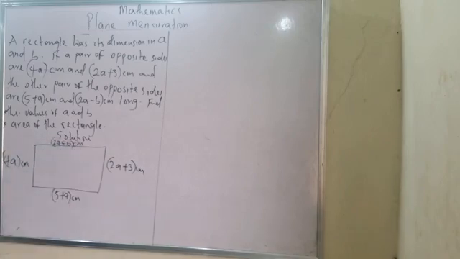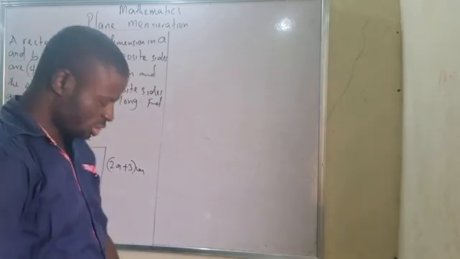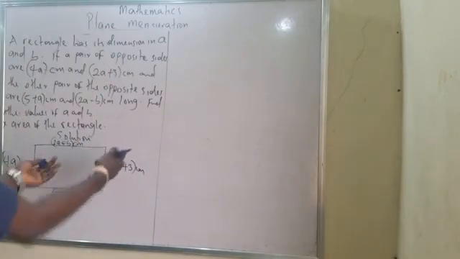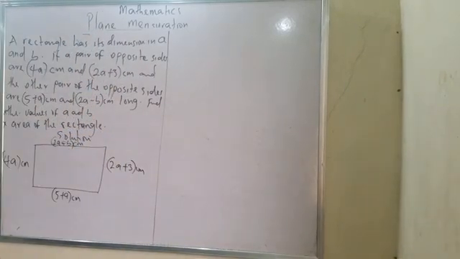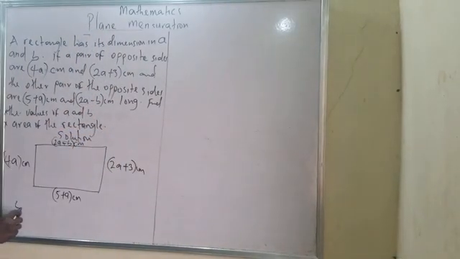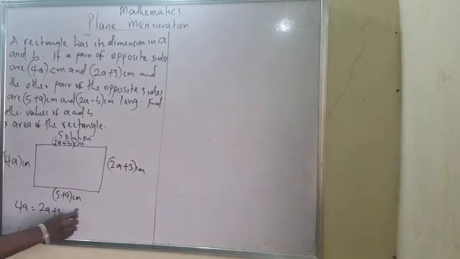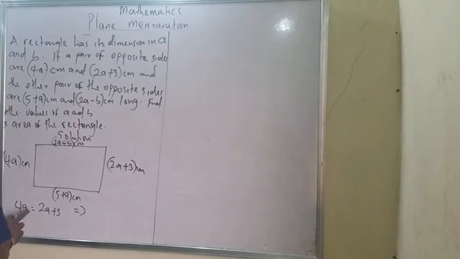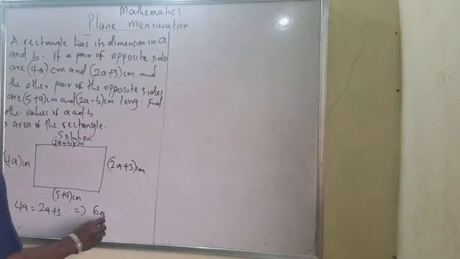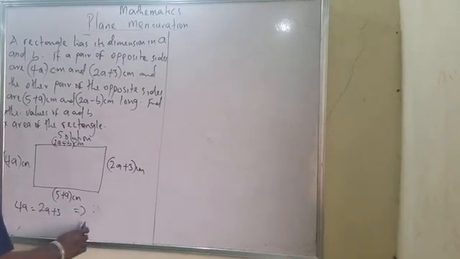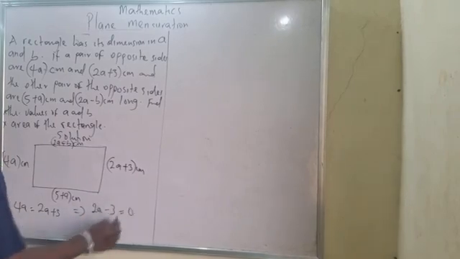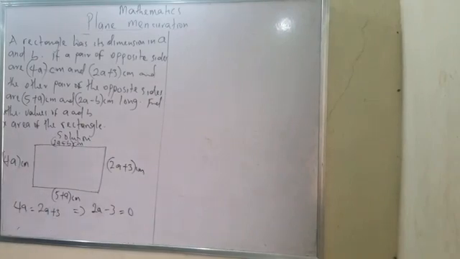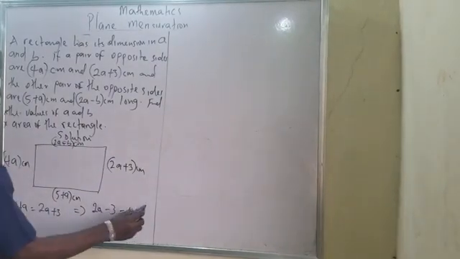Now, at this point, never mind area, length or breadth. Just notice that when you solve this, you will know which one is length and which one is breadth. What you need is 4A equals 2A plus 3, which implies 2A minus 3 equals 0. That is equation 1.